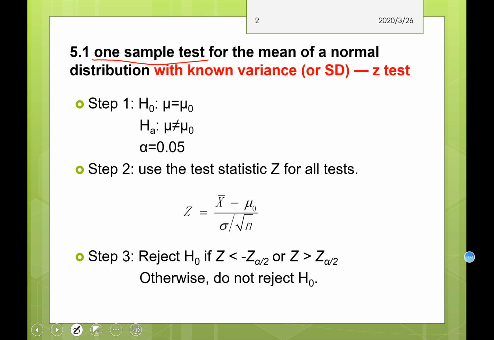We call it one sample test because these methods are used for the comparison of a single sample with another given population. And there is another keyword in this title, that is known variance.